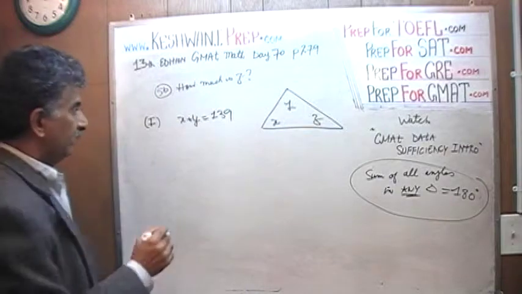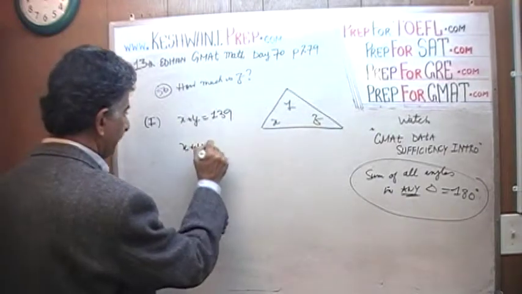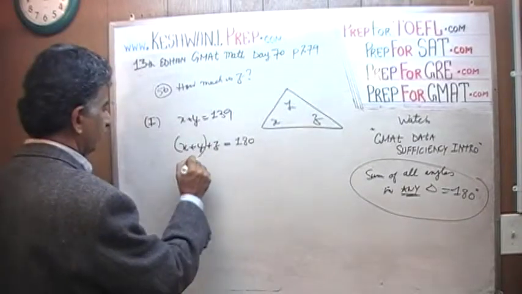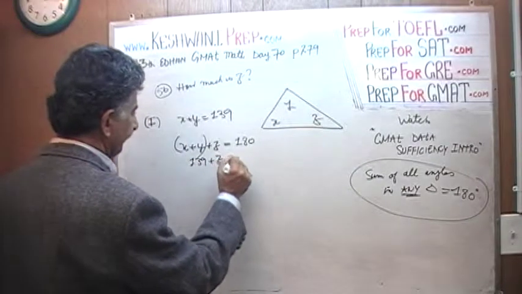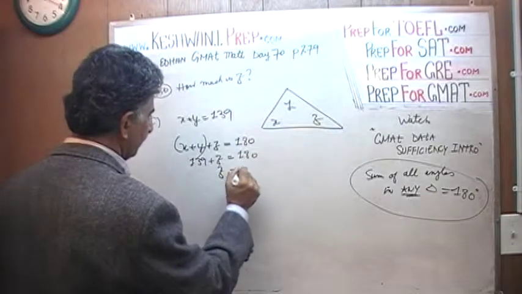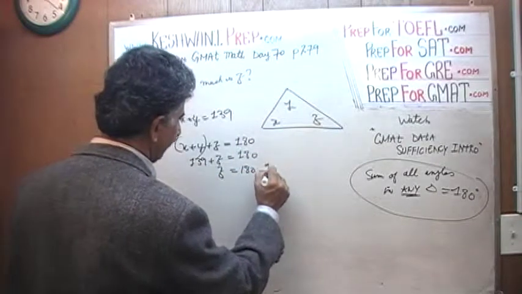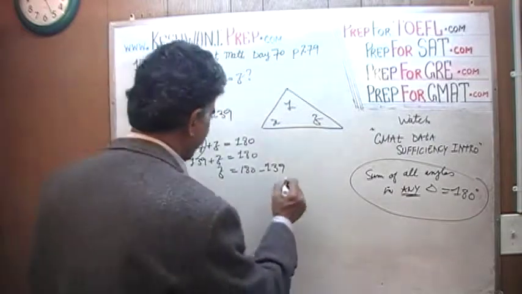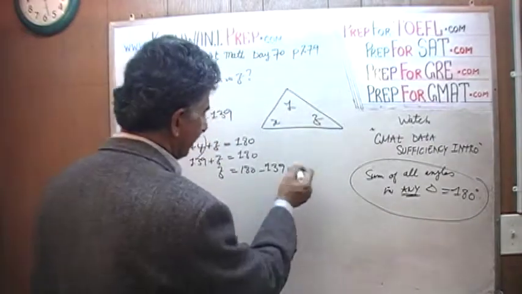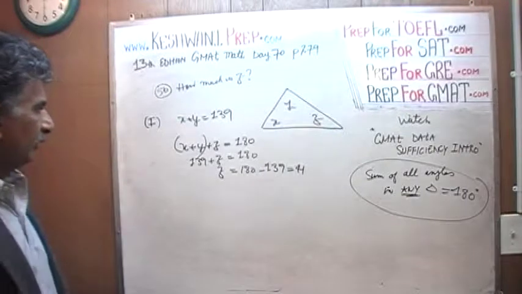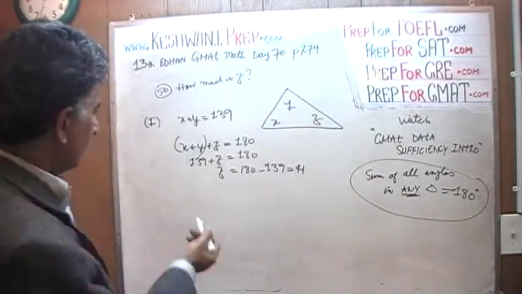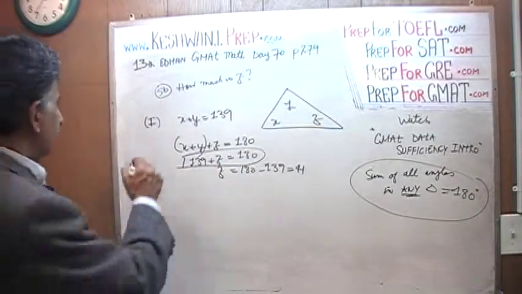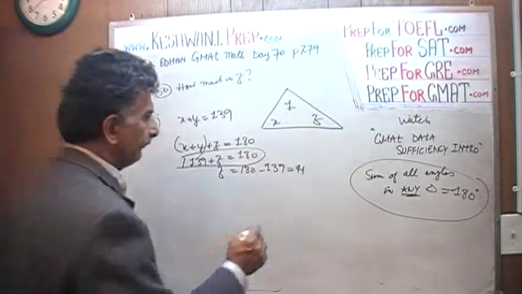If X plus Y is 139 and we know that X plus Y plus Z is 180, then Z must be 180 minus 139. 180 minus 140 is 40, therefore 180 minus 139 is going to be 41. This part that I just did out was not necessary. We just have to realize that from this equation, it is possible to figure out what Z is. The first statement by itself is enough.